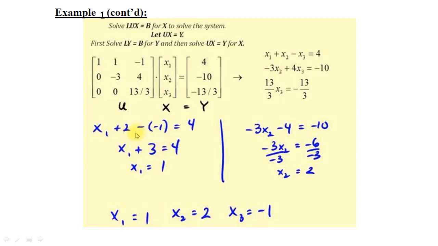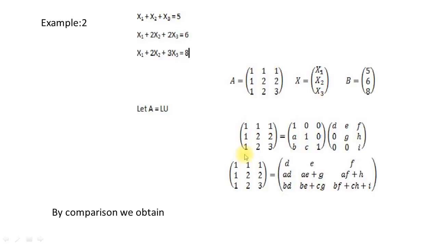This is the first equation, x1 plus 2x2 minus x3 is equal to 4. So using the value of x2 and x3, we obtain the value of x1, and this is the solution of the given system. x1 is equal to 1, x2 is equal to 2, and x3 is equal to -1.